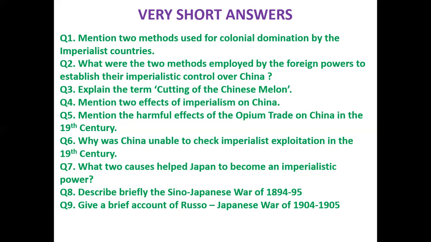What two causes helped Japan to become an imperialist power? Number one, it was a result of the Meiji Restoration. Japan made great progress in the industrial field, and soon she became one of the most advanced industrial powers of the world. Number two, Japan was deficient in raw materials to feed her industries, but she could easily get those raw materials from China.